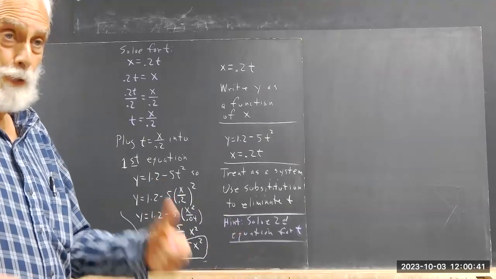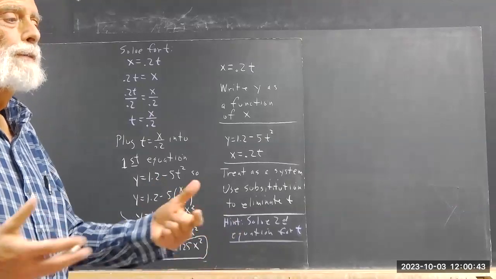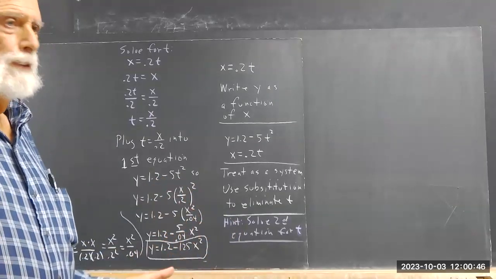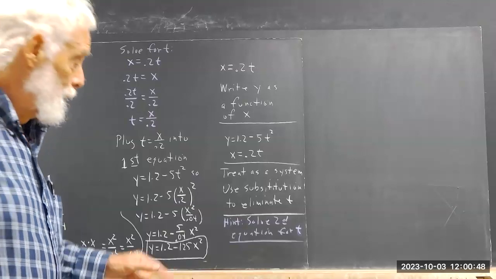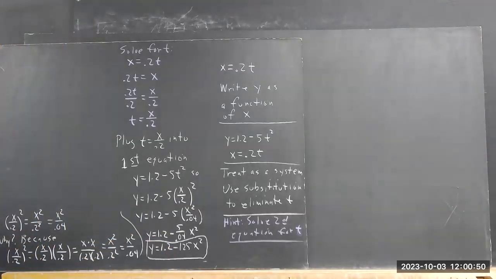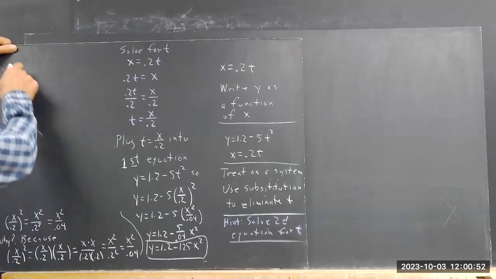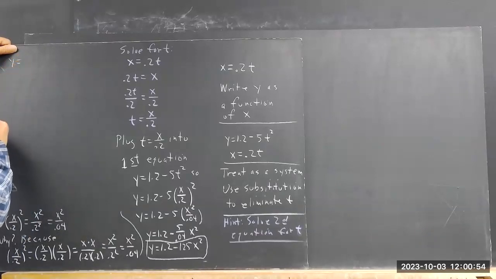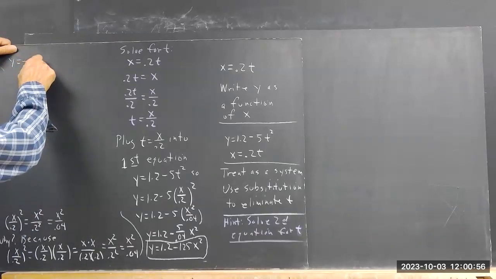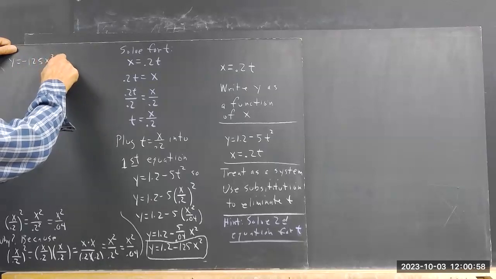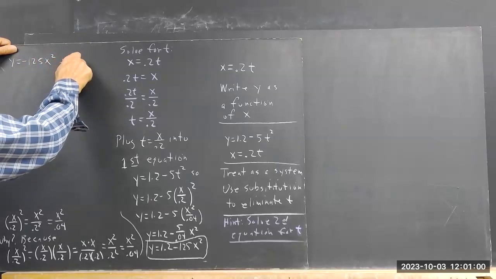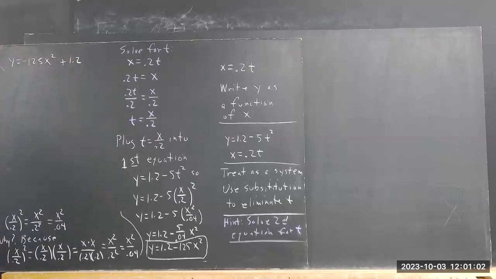But with other things, always make sure that your solutions make some sort of sense. Difficult to do here. Okay, so anyhow, now we've got y equals, I'm going to write it as negative 125 x squared plus 1.2.